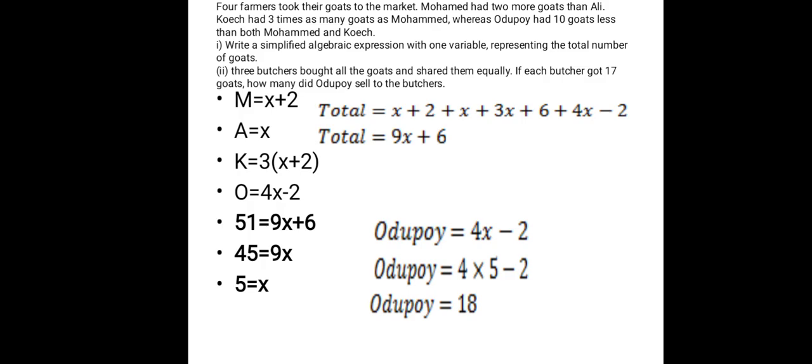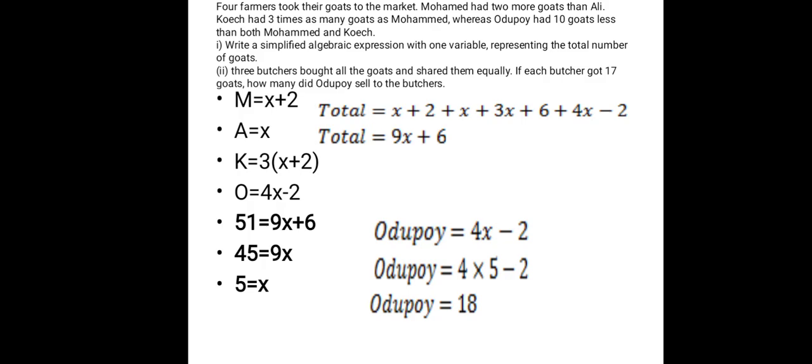And then we are told Odupoi had 10 goats less than Muhammad and Koech. So we take what Muhammad and Koech had, we add, and then less 10. We get what Odupoi had, which is 4x minus 2.